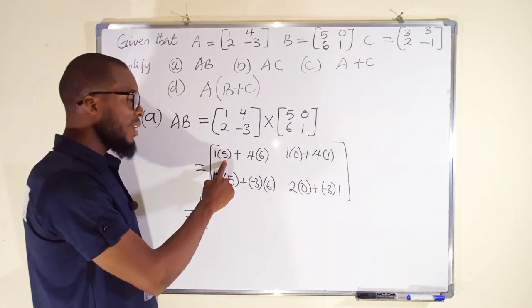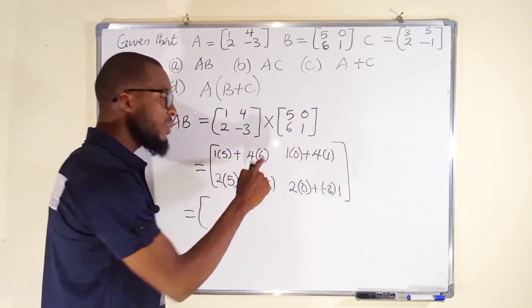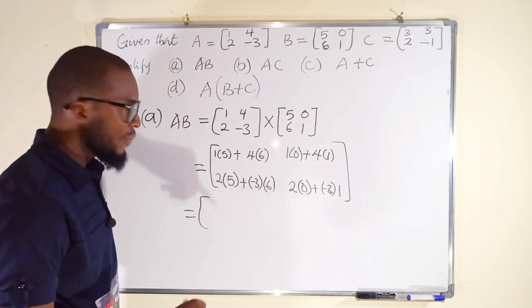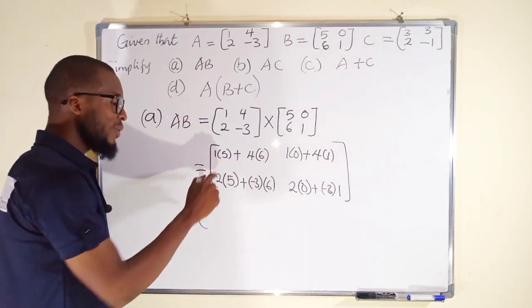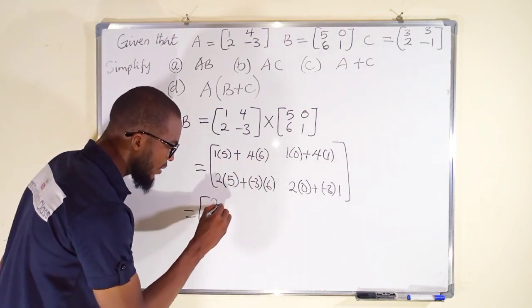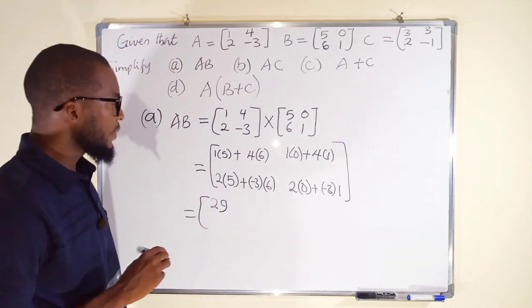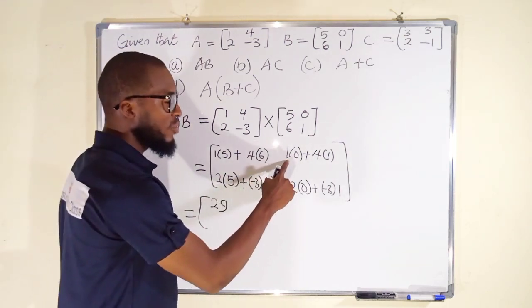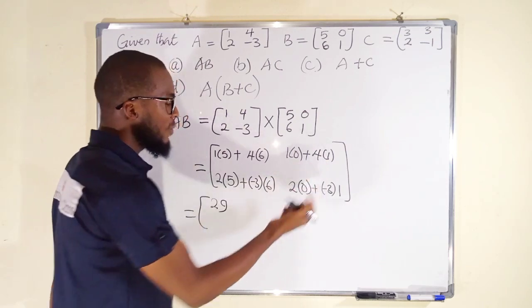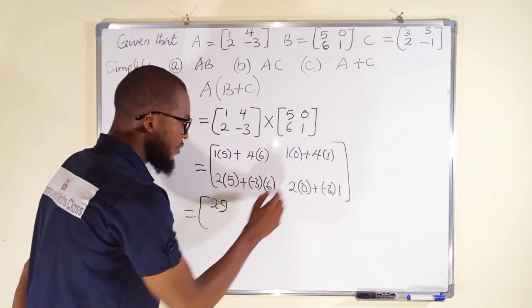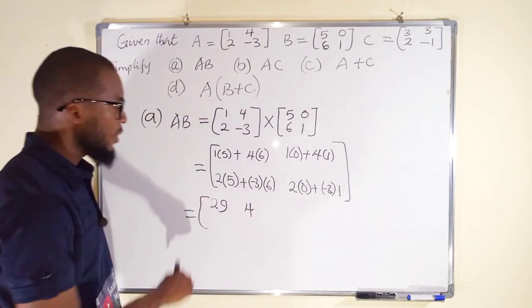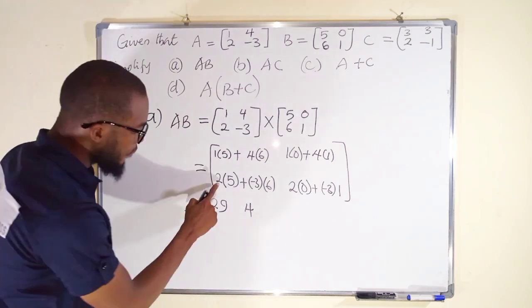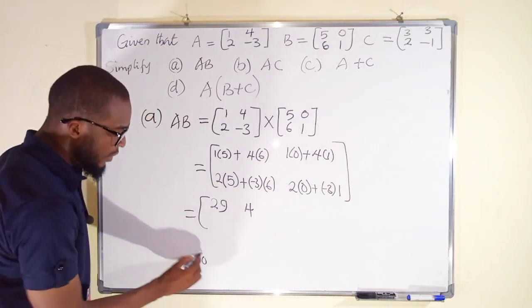1 times 5 is 5. 4 times 6 is 24. Then 24 plus 5 is 29. So we have 29 here. You move. 0 times 1 is 0. 4 times 1 is 4. 4 plus 0 is 4. So we have 4 here. Coming down, we have 2 times 5, is 10.